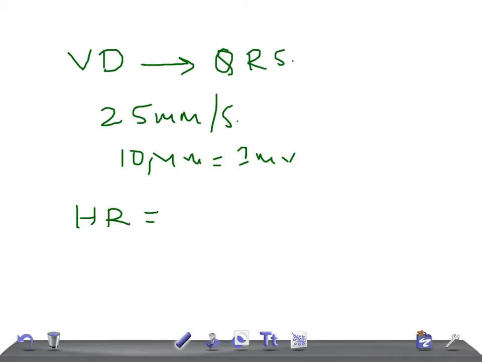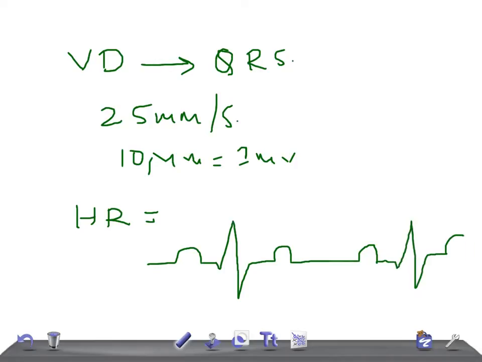So for example, if this is P, Q, R, S, and T, we have small squares and we have large squares, right?